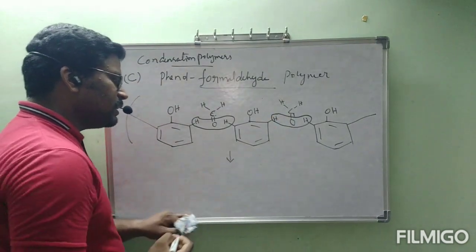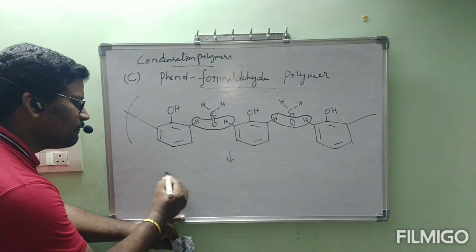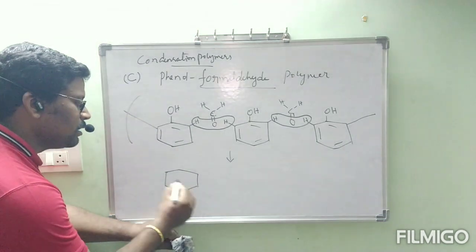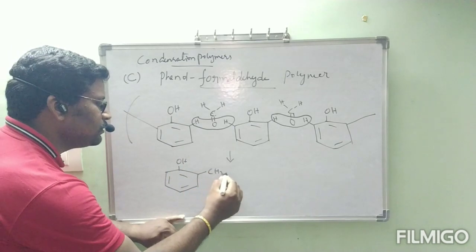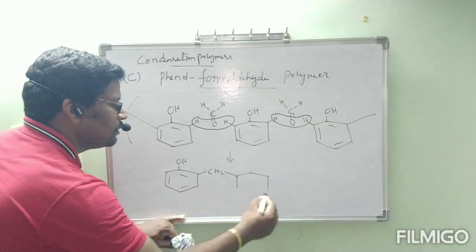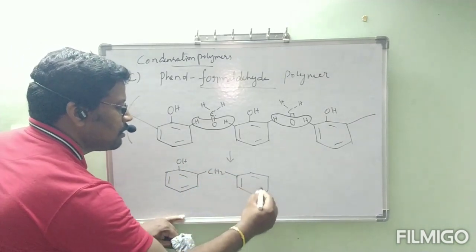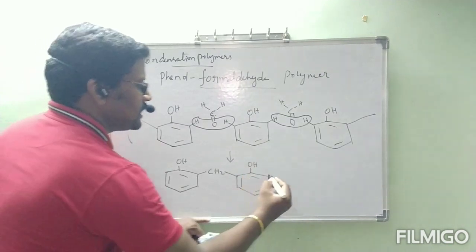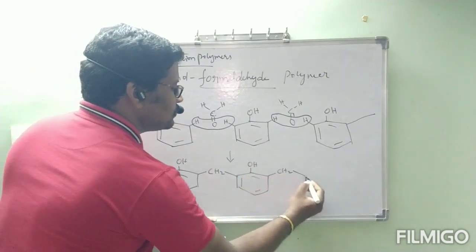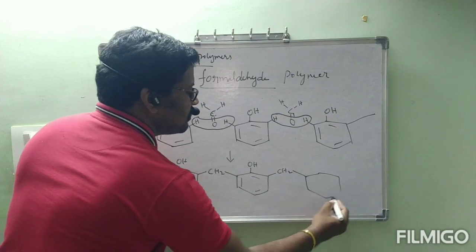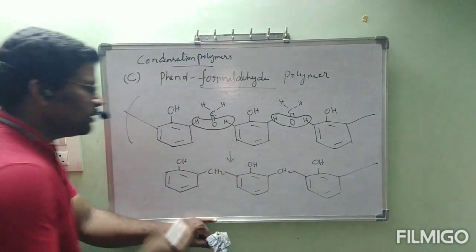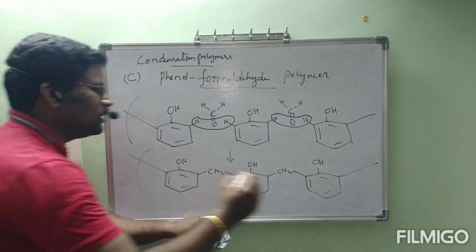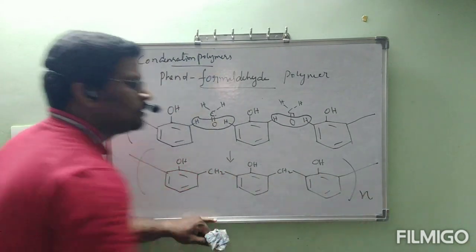So the polymer which we are going to obtain is phenol bonded to CH2. Again the CH2 is bonded to one more phenol. Next, again this is bonded to CH2, and again to one more phenol molecule. This bond I am going to keep as a big bond, and it is continued. It is formed like n molecules.